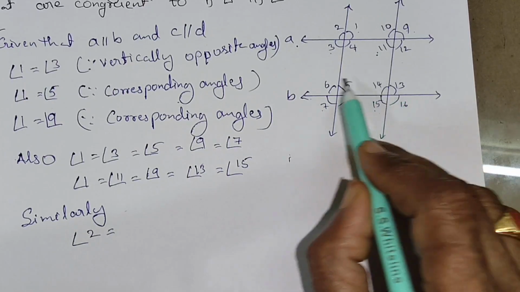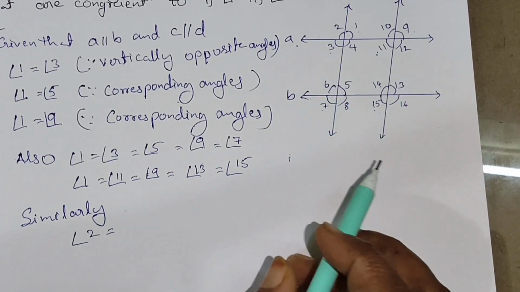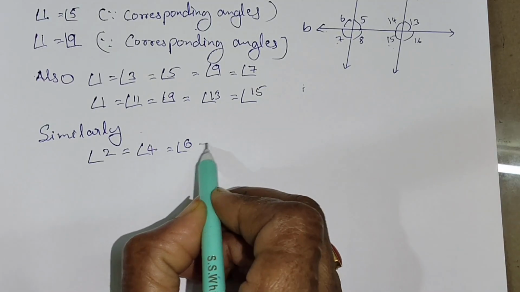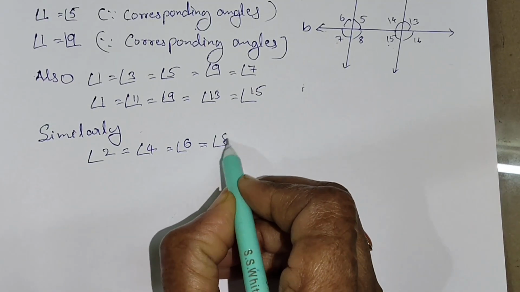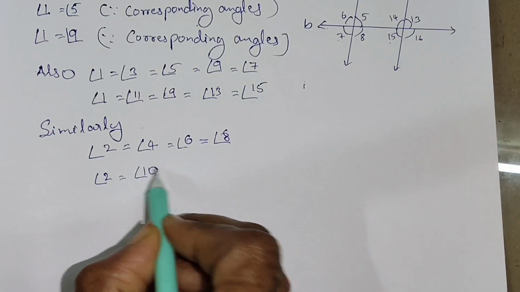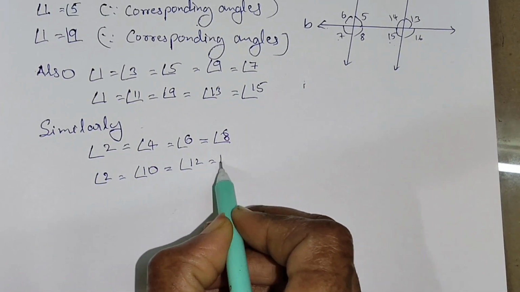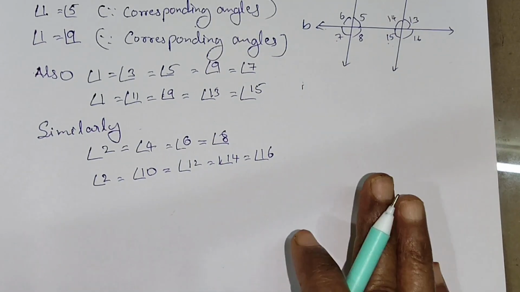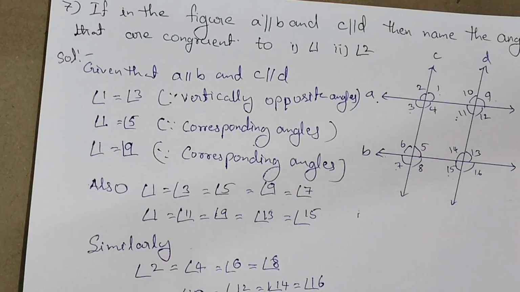So here 14 equal to 6 also. So we write all angles: angle 2 equal to angle 4 equal to angle 6 equal to angle 8. Next angle 2 equal to angle 10 also, that equal to angle 12, angle 14 that equals angle 16. These are all equal. So this is the 7th one answer.